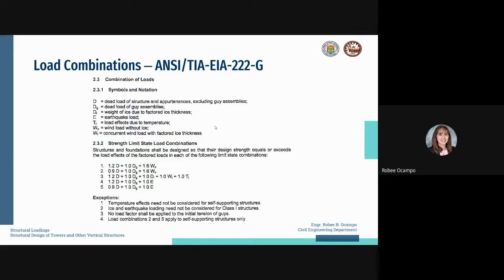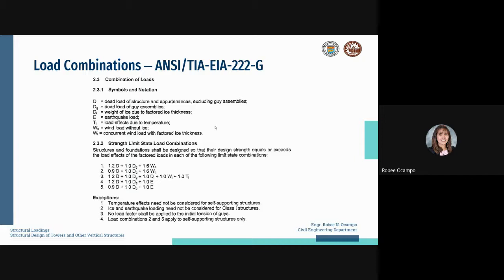And of course the second one, you have the 0.9D plus 1.0DG plus 1.6WO. So you have the maximum value of the dead load for the first load combination, and the minimum dead load for the second load combination.